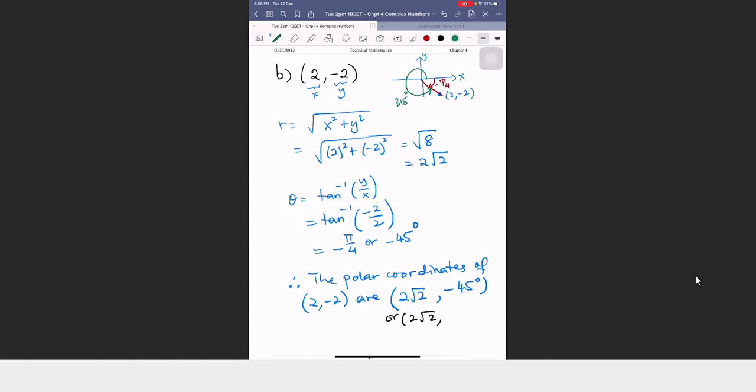So up to you. If you leave your answer as -45 degrees, it is also acceptable and still correct, as long as the angle is in quadrant 4. Okay?